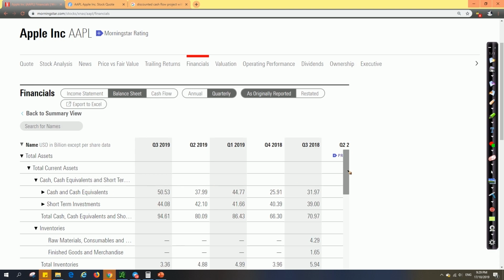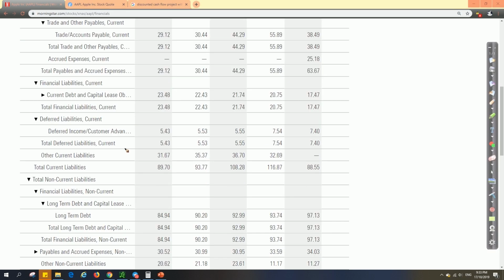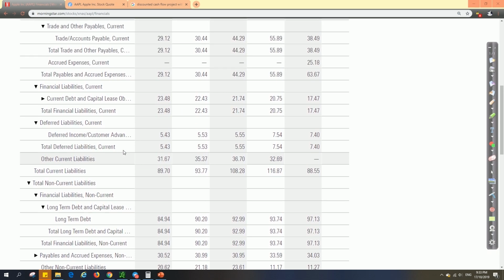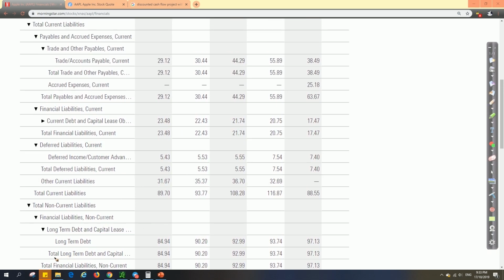And with that, we move on to the debt that Apple has. We want to focus on the long-term debt and the short-term debt. So we can see that long-term debt is over here, 84.94 billion. While for short-term debt, we want to just focus on here, current debt and capital lease obligations.